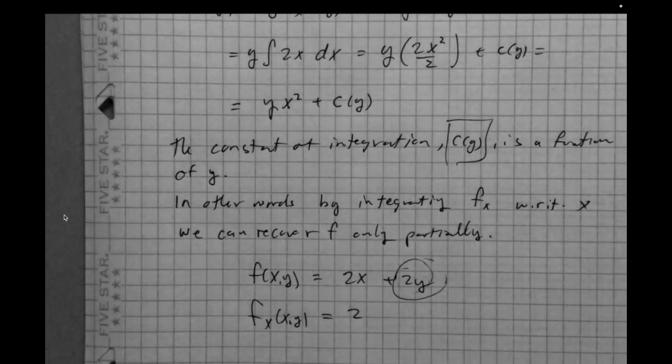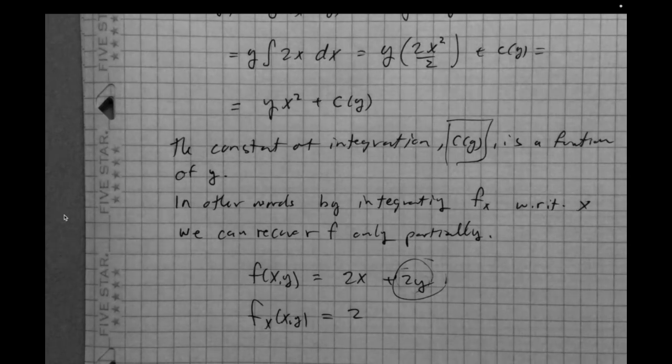So the constant of integration is no longer just a constant. It's some function of y. We can't simply integrate the derivative and get back the original function entirely. We can get a portion of it back, knowing that whatever we haven't recovered is some function of the other variable. Hopefully it's intuitive that simply integrating is not going to magically make 2y appear.